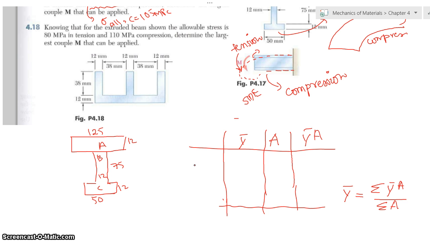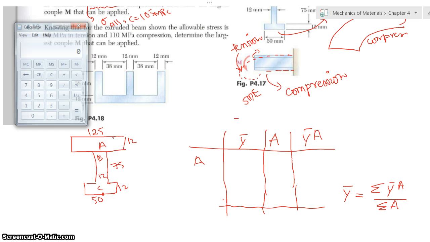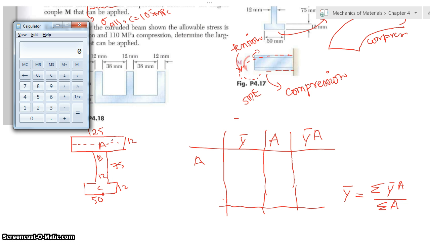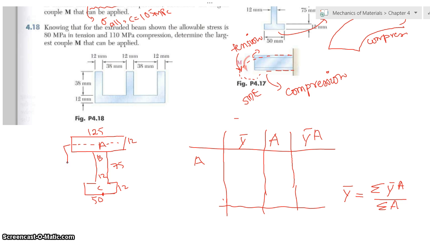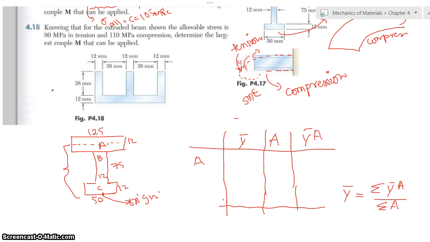So for A, what's my Y bar? Let's say my center is at the bottom over here. The Y bar of A would be right in the middle of this shape. I'm taking this point as my origin, so the distance from the origin is 6 plus 75 plus 12, which is 93.